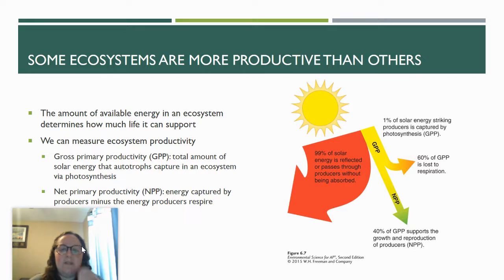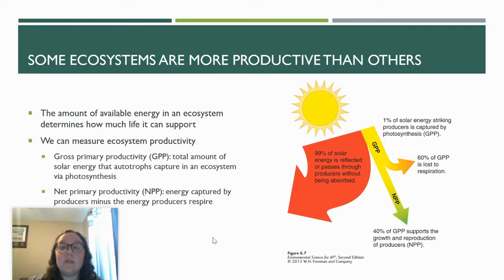So if we look at this lovely image from your textbook here, 99% of solar energy is reflected or passes through producers without being absorbed. That seems crazy. Oh, I think I said 90, 99. But then 1% will be used by producers during photosynthesis.